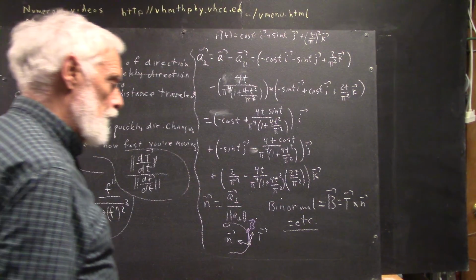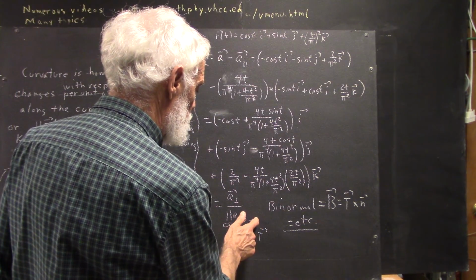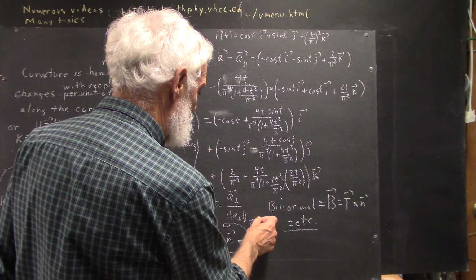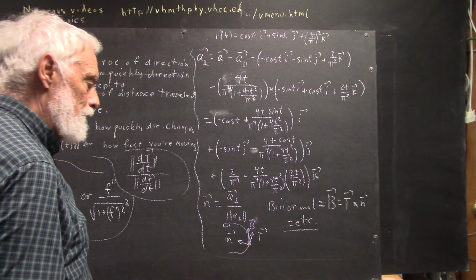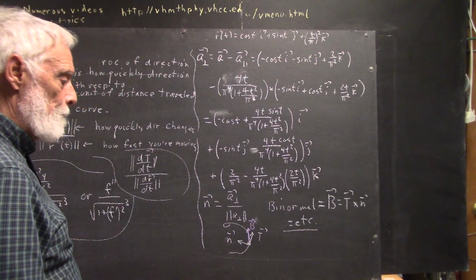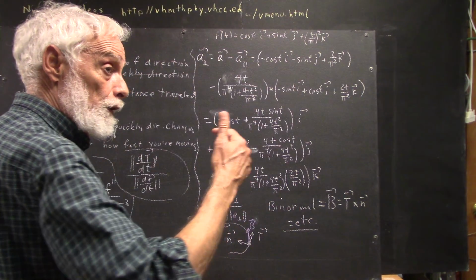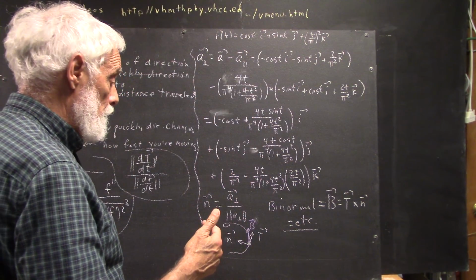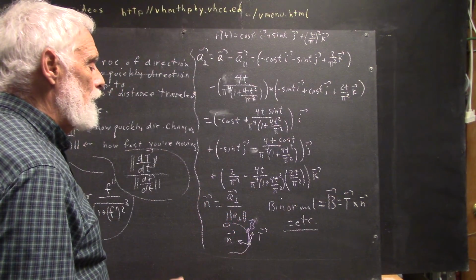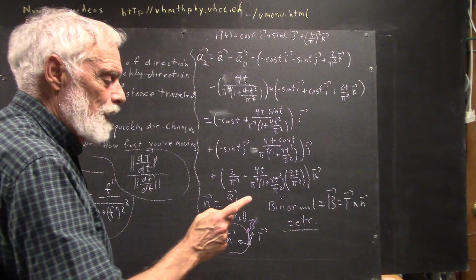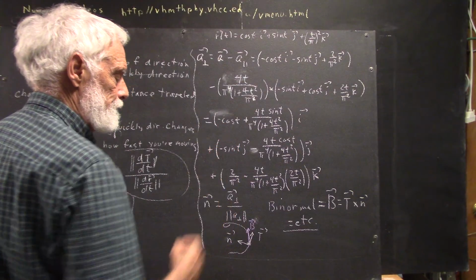Okay, the B vector, and that almost looks like a B prime, but that's just a flaw in the blackboard, is perpendicular to this. Now, if you're going up along the helix, then your motion is getting increasingly steep.